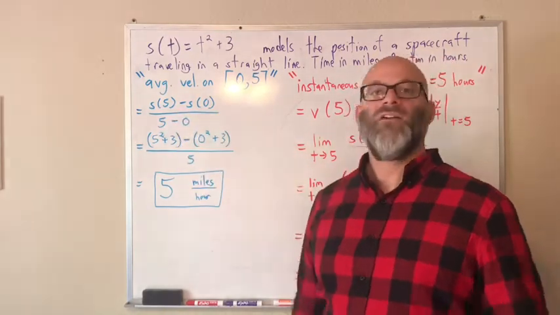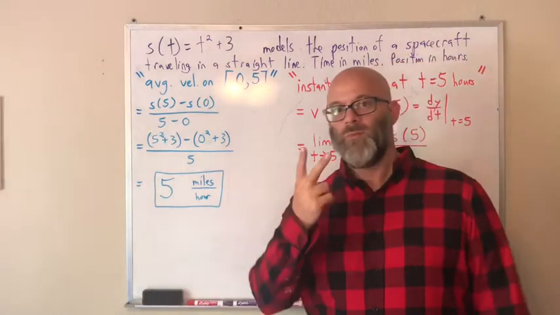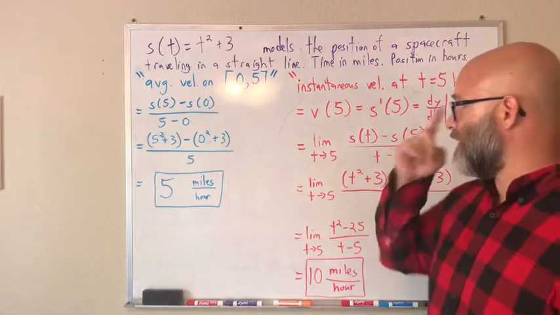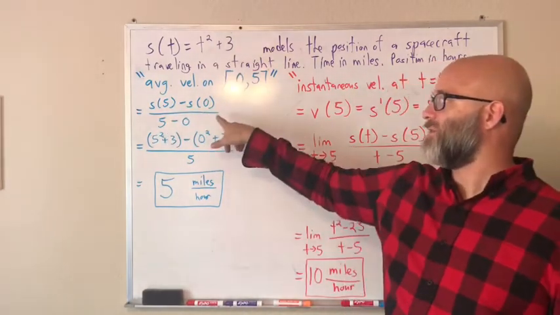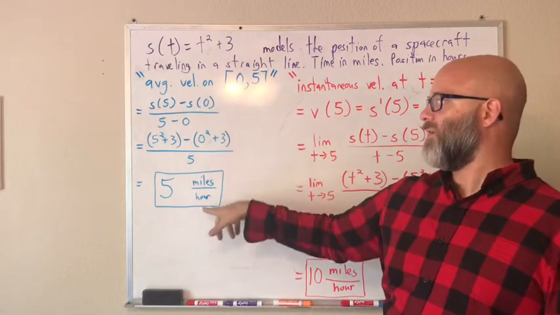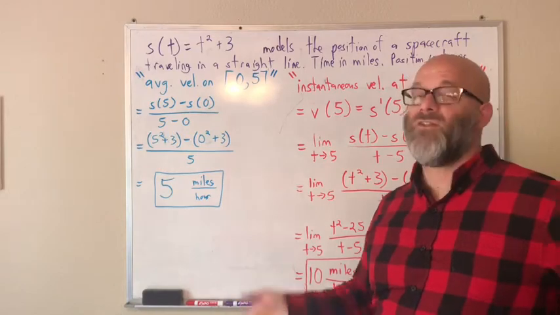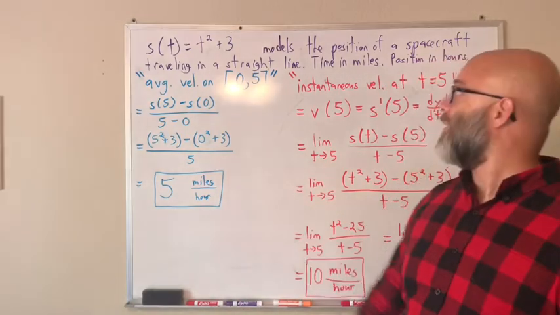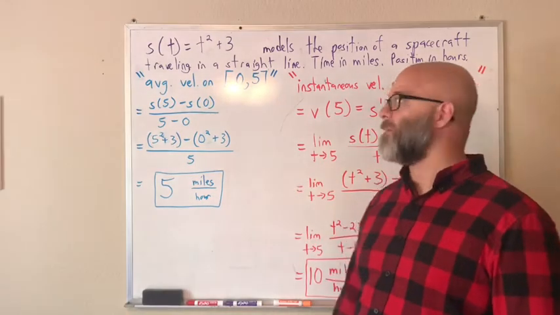Here's a second point, 5, s of 5. Just like you always needed 2 points to calculate the slope of anything. So what does s of 5 mean? It means plug 5 into this function. s of 0 means plug 0 into this function. You do that and you find out you have 25 over 5 or 5. 5 what? 5 donkeys? No, 5 miles per hour, because this thing is measured in miles and hours, and clearly velocity is miles per hour.